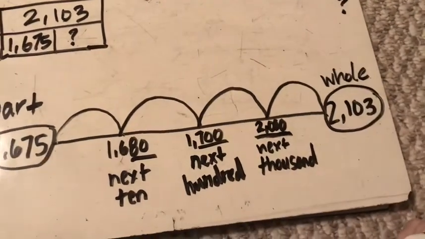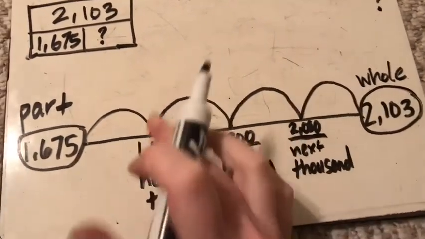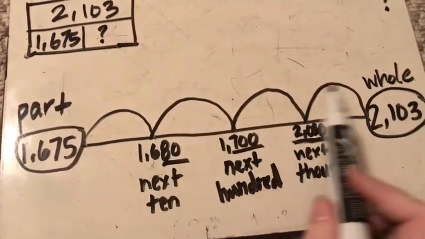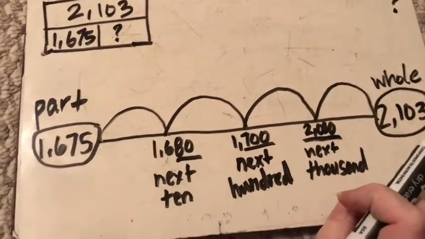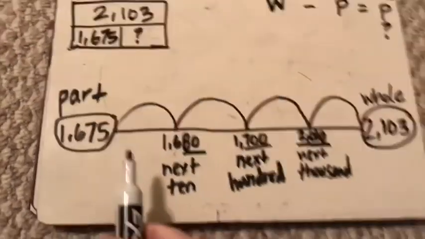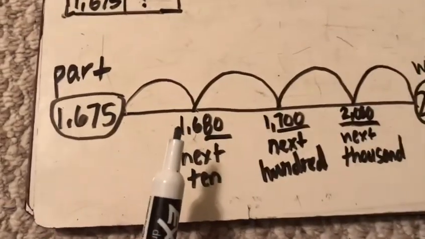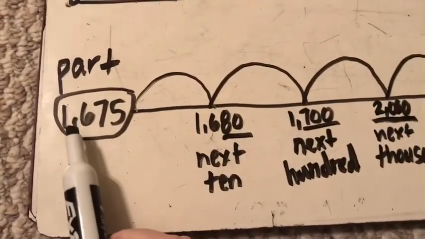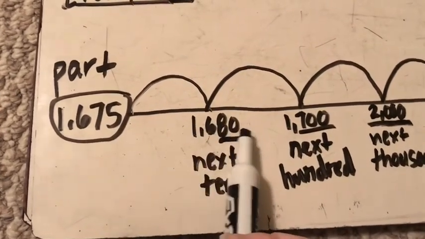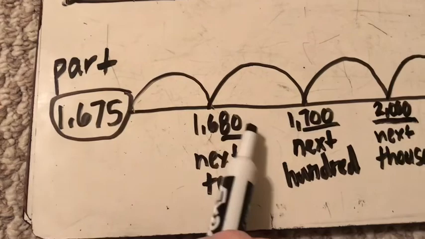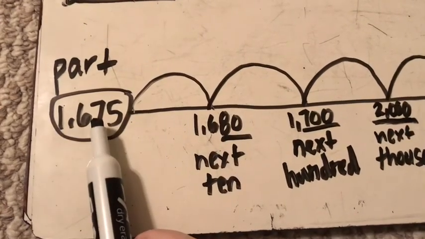Okay, now let's think about what's going to be in each of these jumps, because even though they look about the same length, they're not going to be the same amount. Just for space purposes, I can't really stretch out my number line much more. So if I'm at 1,675 and I need to get to 1,680, I know both of these numbers have 1,000 and 600s.